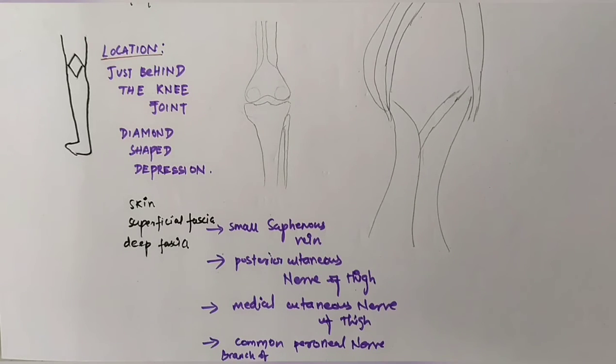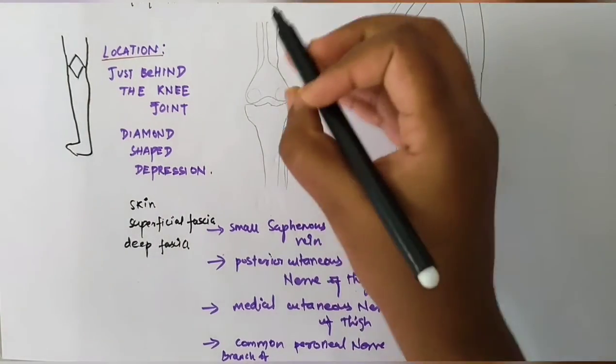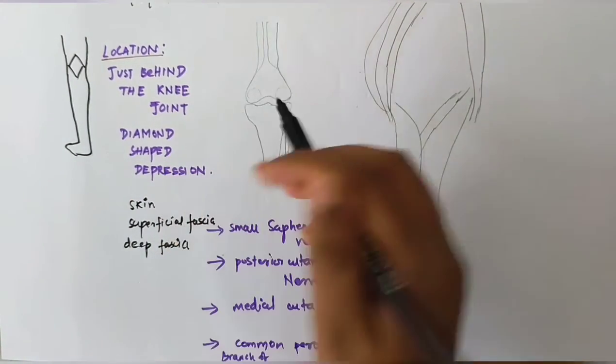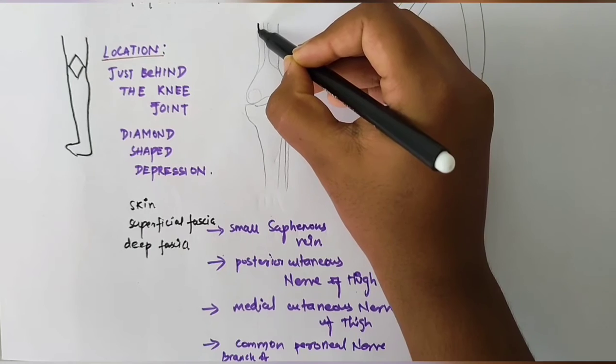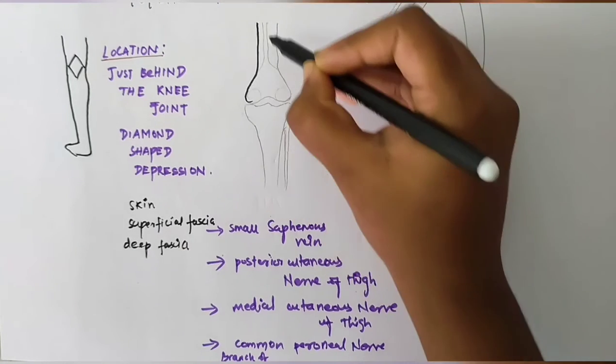And below the deep fascia we can see contents of the popliteal fossa. Before entering the contents of the popliteal fossa, you want to know about its borders and the floor. First we are going to see about floor. The floor of the popliteal fossa is formed by the popliteal surface of femur bone.